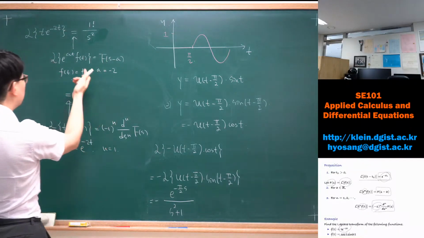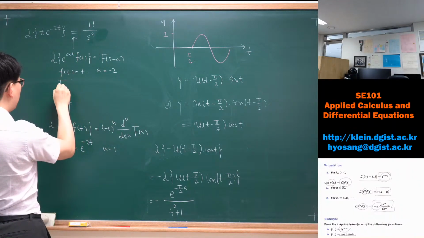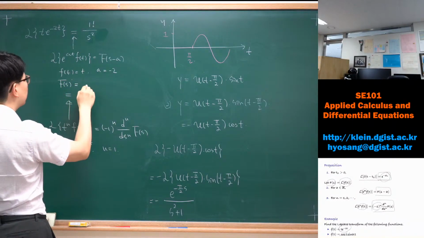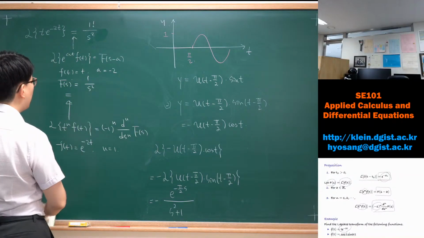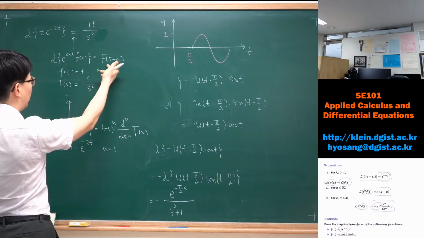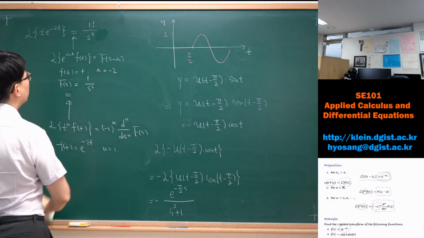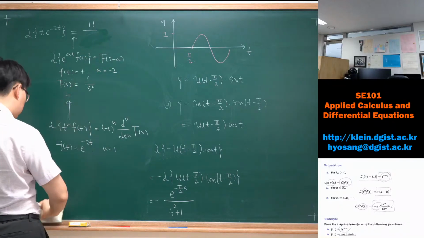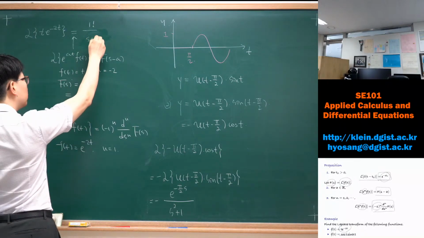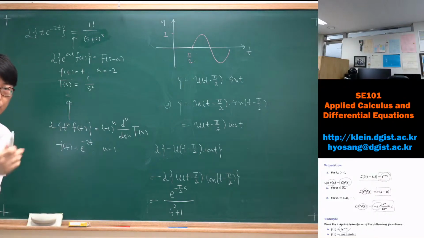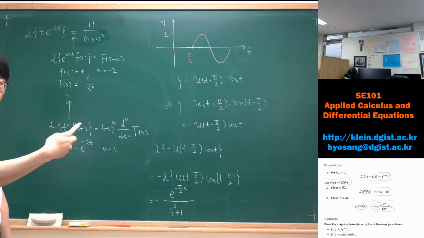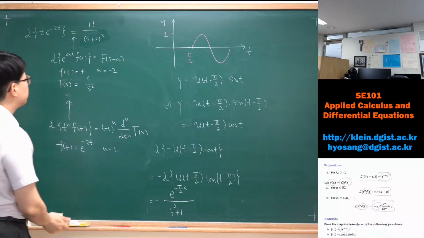So F of s is 1 over s squared, okay? But I'm not using this as the result. I have to shift it by minus 2. So I have to change this to s plus 2 squared. Originally I take a minus of minus 2, but it's a plus 2.